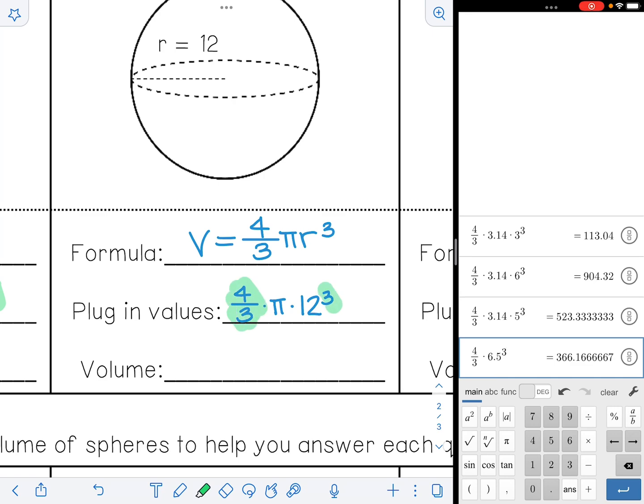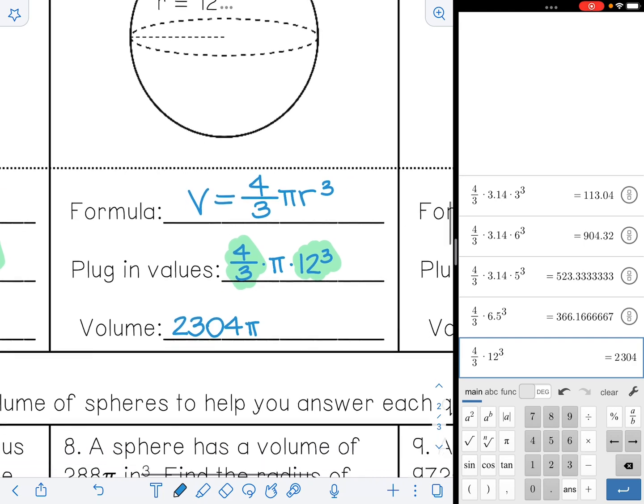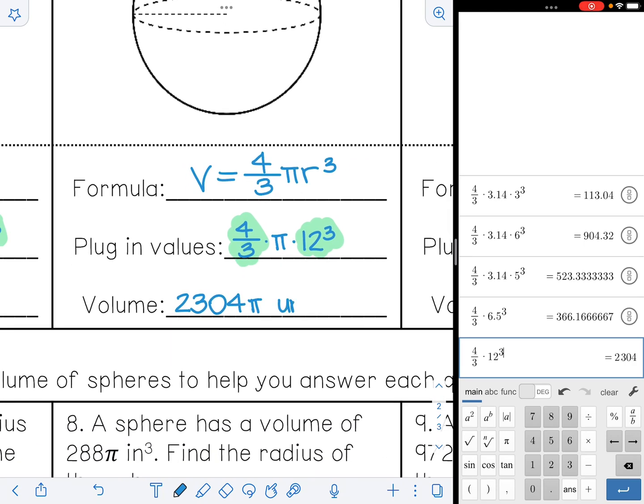All of these are in terms of pi, so we multiply 4/3 and 12 to the third together. We will get 2,304. That is being multiplied by pi, so 2,304 pi units cubed.